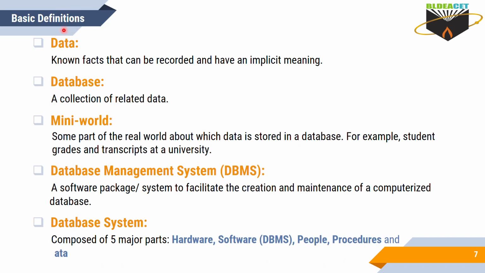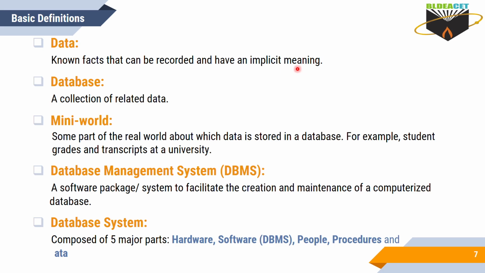First, we'll see some of the basic definitions before learning what a database management system actually is. Database management system starts with the word data. What actually is data? Data are known facts that can be recorded and have implicit meaning. For example, if I take a student, the name of the student can be recorded as data, and it also has implicit meaning.